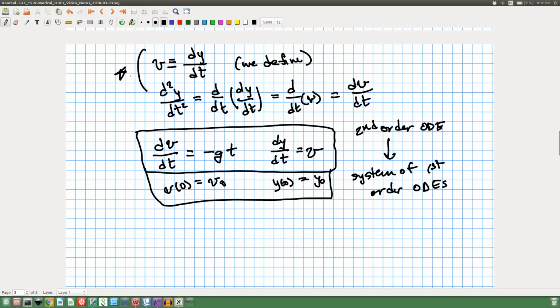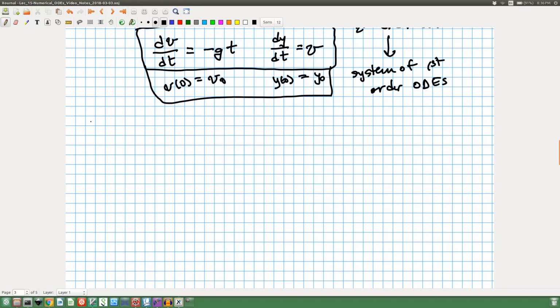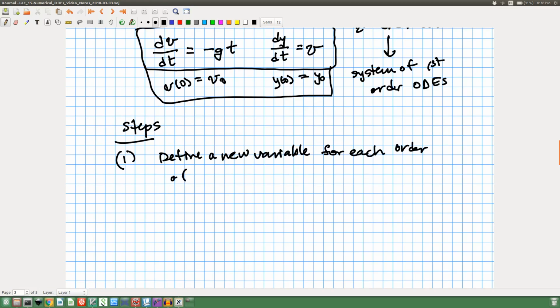So the steps to doing this, I'll just write out what the steps are. Step 1: define a new variable for each order of derivative. For example, let me show you third order to make it a little more concrete.